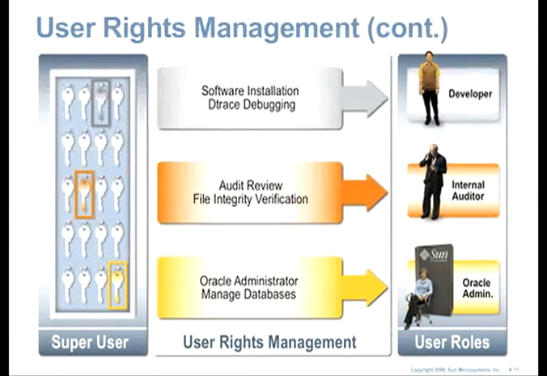You can think of this as a number of keys that to a super user, all of them would be available. But in order to fulfill the role of an internal auditor or the role of an administrator for that particular service, you just need a subset of these keys, right? So the user rights management really allows you to administer this association with which rights are associated with which user.